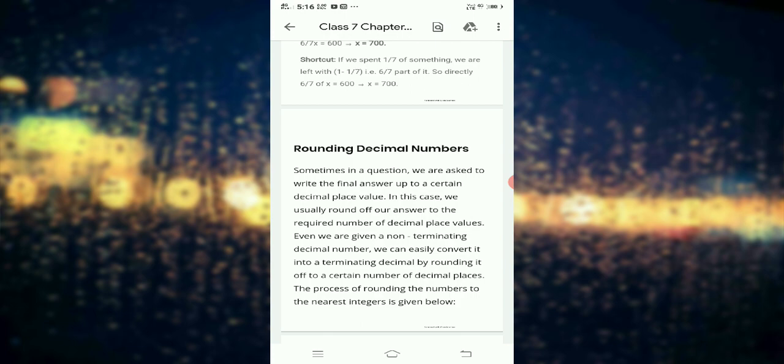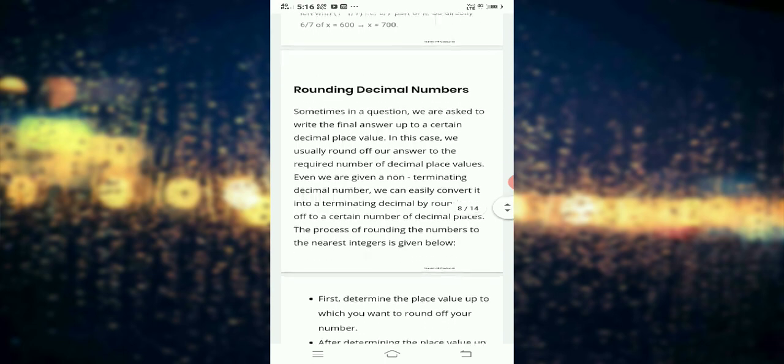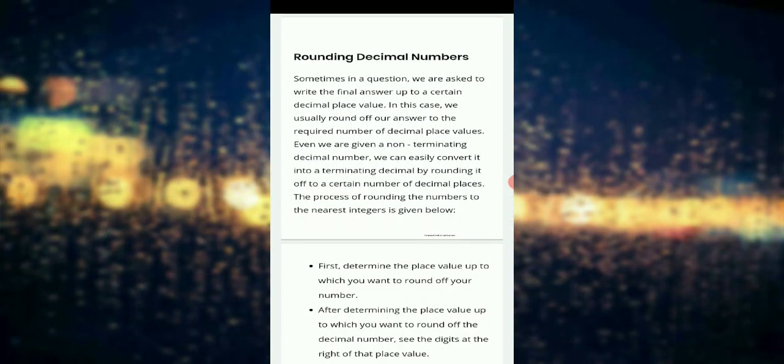In this case, we usually round off our answer to the required number of decimal places. Even if we are given a non-terminating decimal number, we can easily convert it into a terminating decimal by rounding it off to a certain number of decimal places.